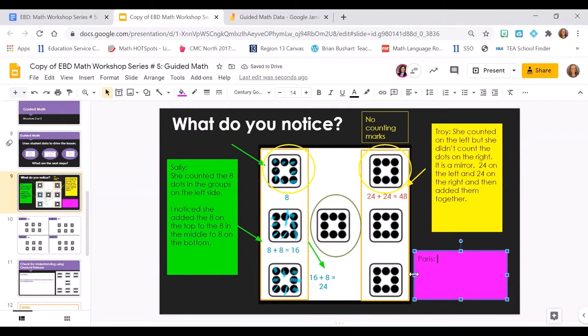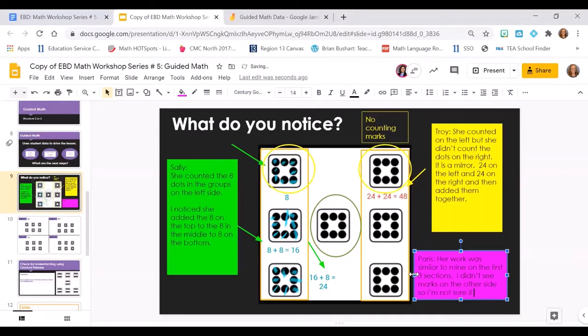Well, at first, I thought maybe she didn't count all of them because her work kind of looked like mine on the first three sections, and so I thought she was counting like I did, like she was counting them all. But then when I didn't see the marks on the other side, I thought maybe she didn't count them.